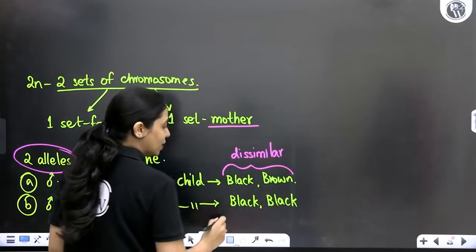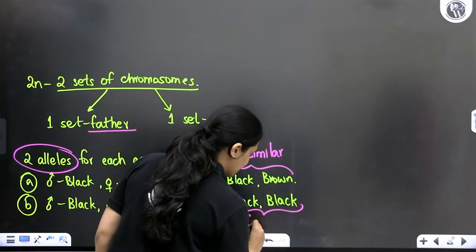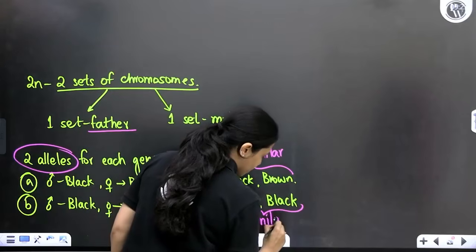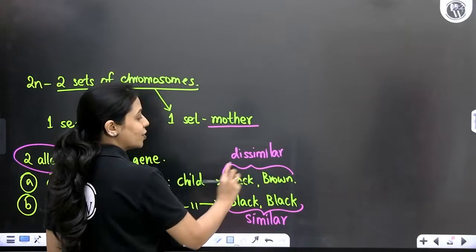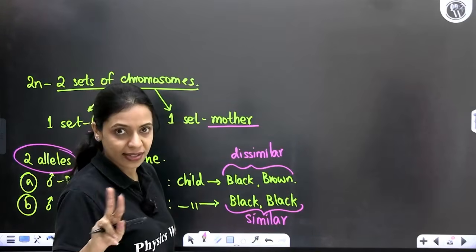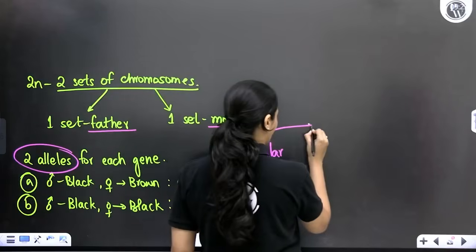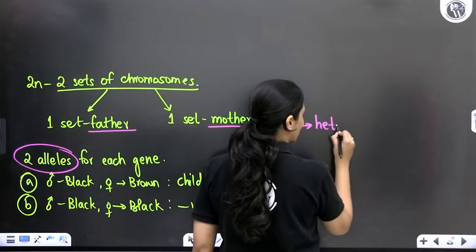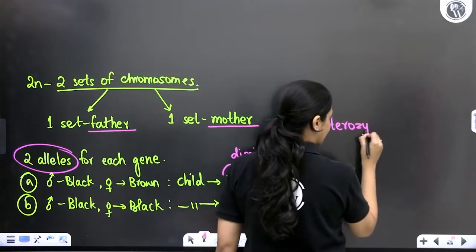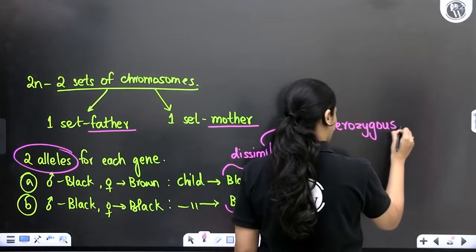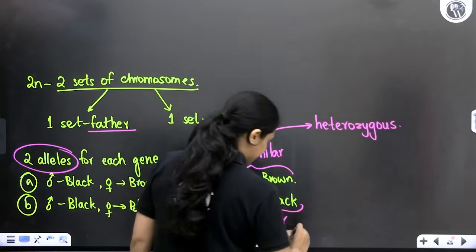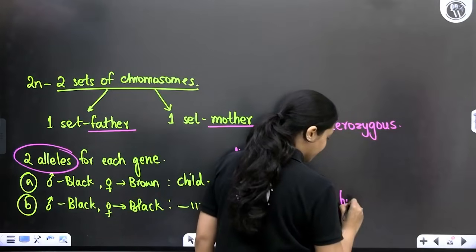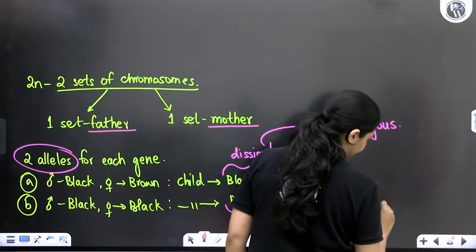It is possible for both the alleles to be similar also. Whenever there are two alleles that are not the same, dissimilar, we call it heterozygous condition. Whenever they are similar, we call it homozygous condition.